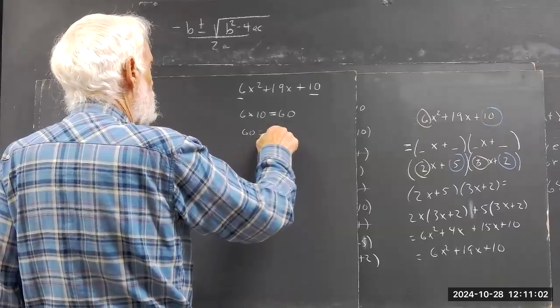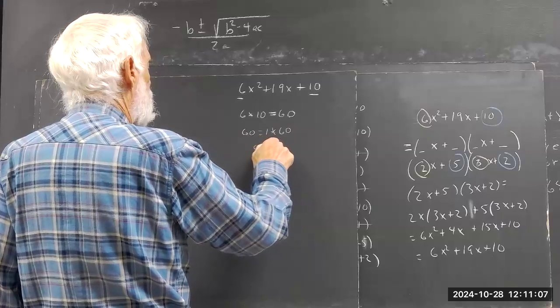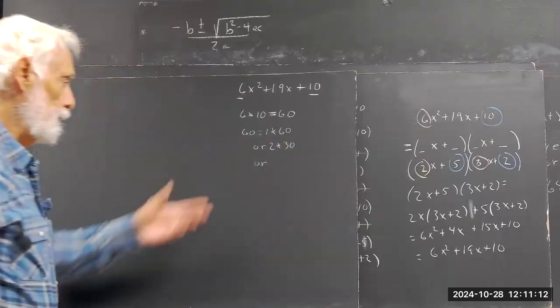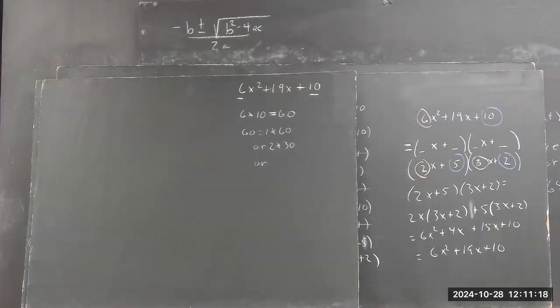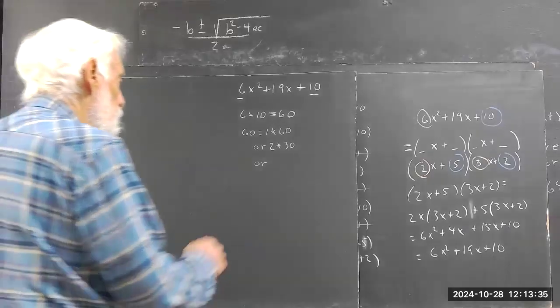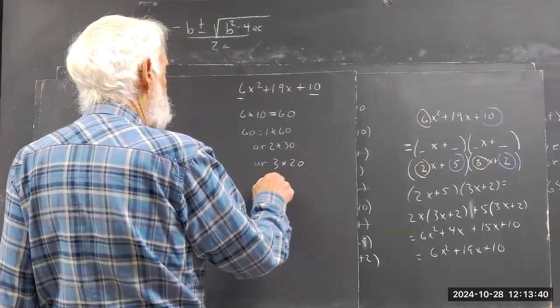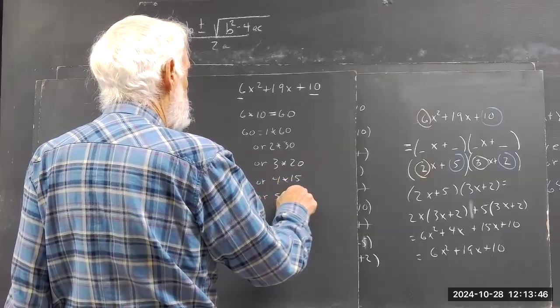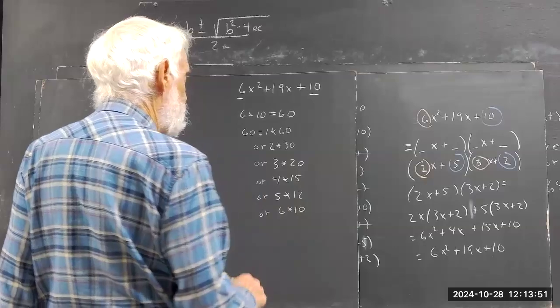Now 60 could be 1 times 60, or 2 times 30, or continue it. Write out all the ways you could write 60 as a product of two numbers. Okay, well, 3 times 20, 4 times 15, 5 times 12, 6 times 10.